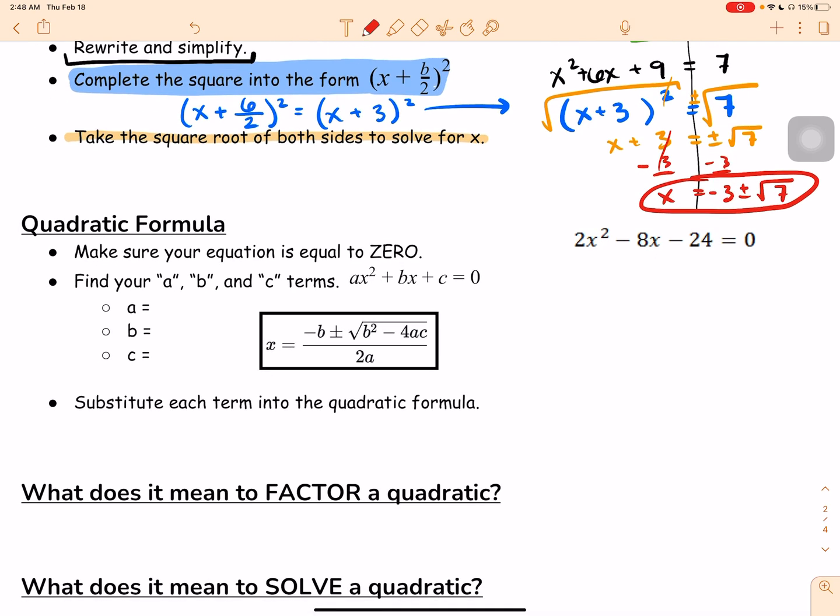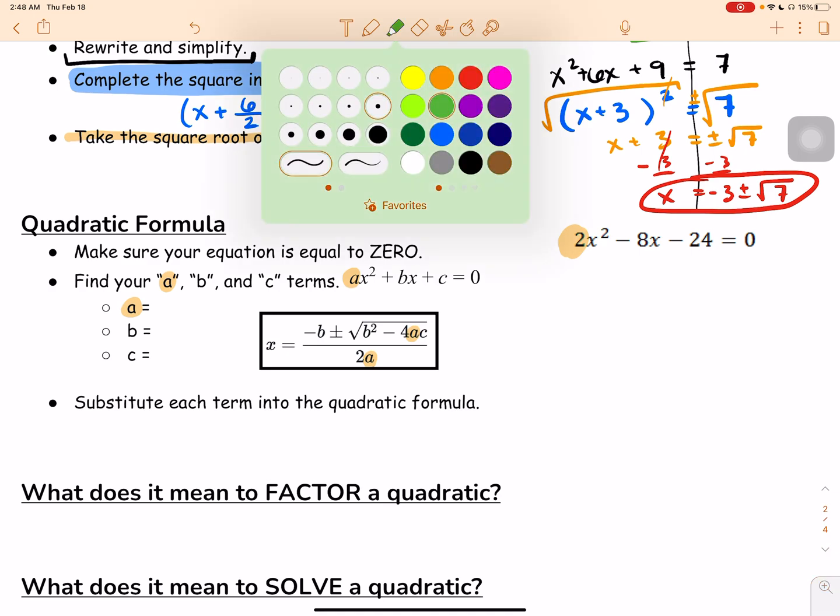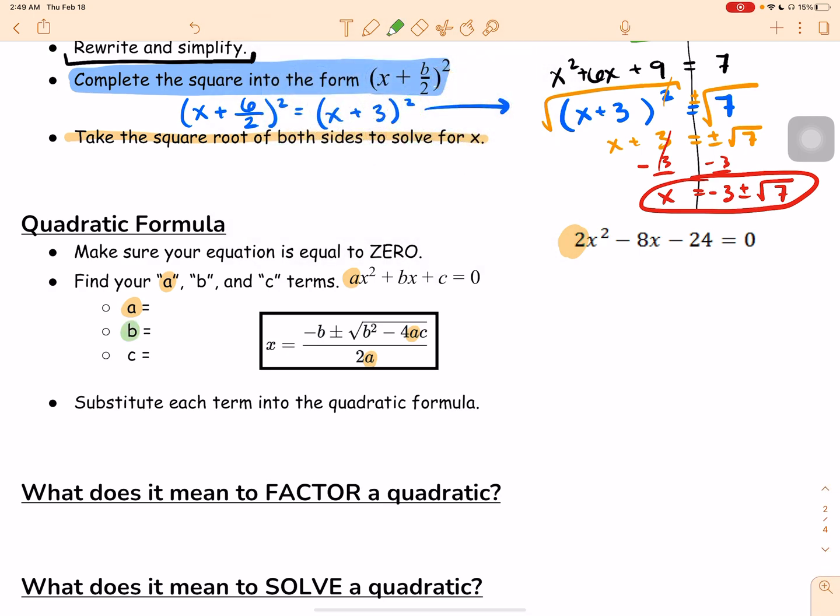Okay, quadratic formula. The a term, I'm going to make orange. It's always the term that's attached to the x squared. Now the b term is attached to the coefficient of x right there. So this one's going to be a negative 8.